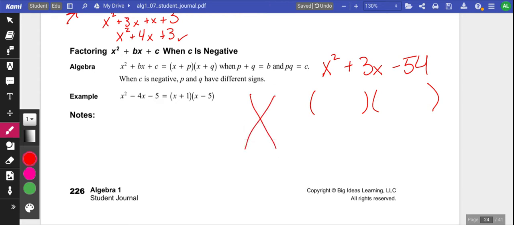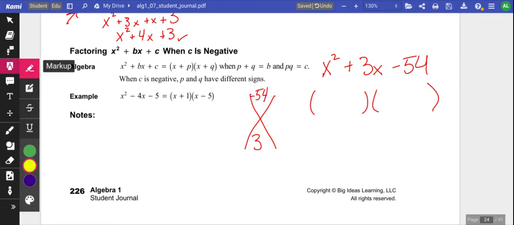They have to add up to this middle number, 3, and they've got to multiply to negative 54. When your last number is negative, when C is negative, you know these two numbers have different signs. In order to multiply two numbers and get a negative number, one is positive and one is negative.